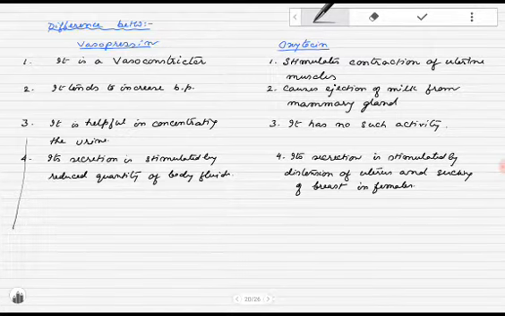Its secretion is stimulated by reduced quantity of body fluids in vasopressin, and in oxytocin, its secretion is stimulated by distension of uterus and sucking of breast in females.